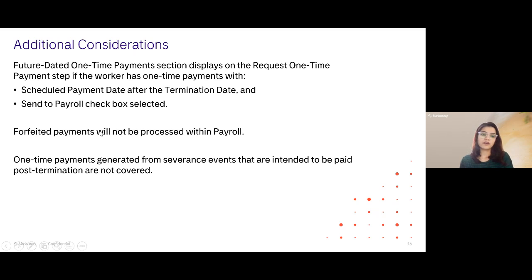So, a couple of additional considerations. The future dated one-time payment section displays on the request one-time payment step. Basically, this section will appear if the scheduled payment date is in the future and we have marked it as yes to be processed by payroll, then while we are terminating the employee, this section will appear in the request one-time payment step.